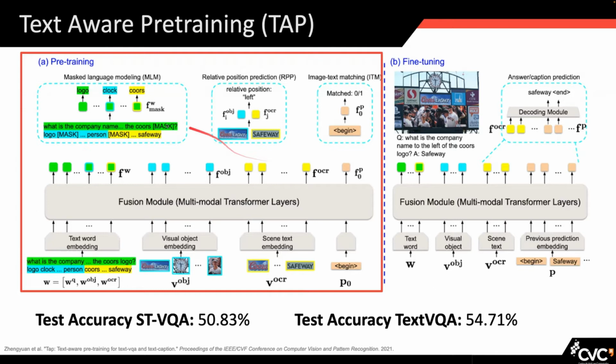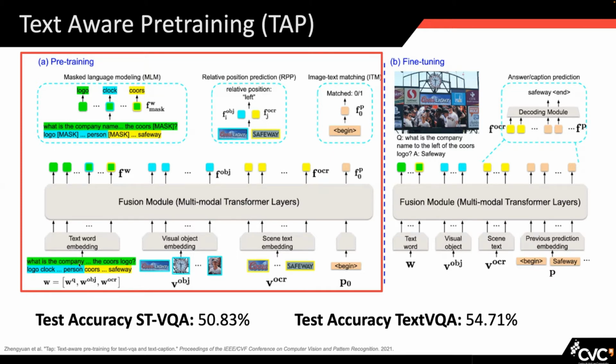And then they're running masked language modeling, where you corrupt one or two words of the question, the object labels, and the OCR tokens. The first lesson of this model is that if they did not do this input, this model doesn't work. So it's very important how you select your input in a way that this pre-training strategy works.